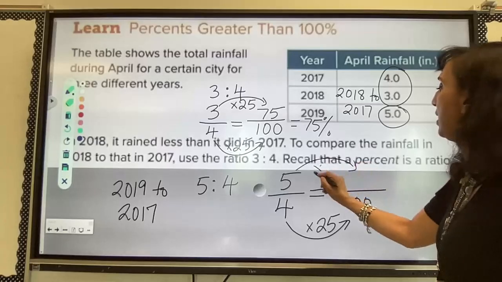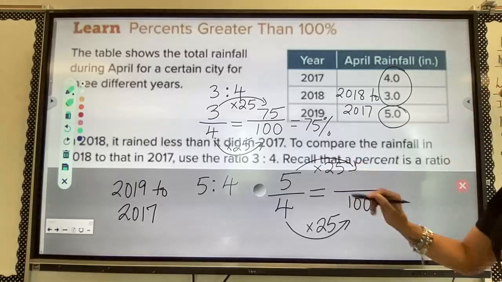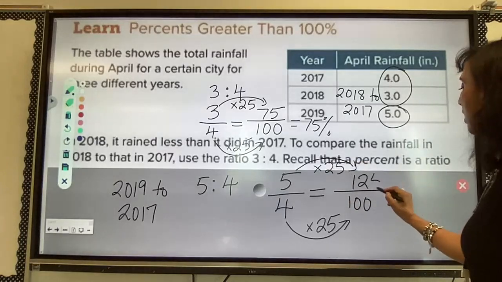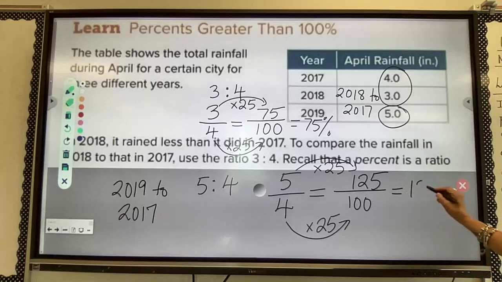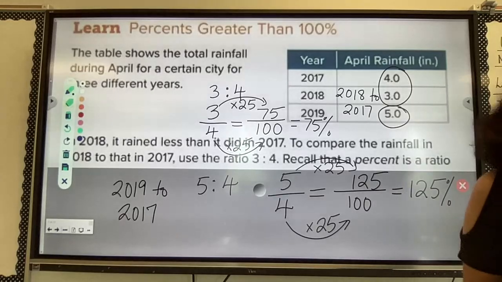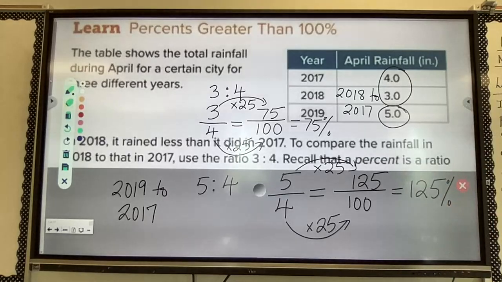If I do the same thing to the numerator, I'm going to end up with 125 over 100, which is 125%. So percents are greater than 100% when the number being compared to 100 is greater than 100. And when the percent is greater than 100%, the part is greater than the whole.